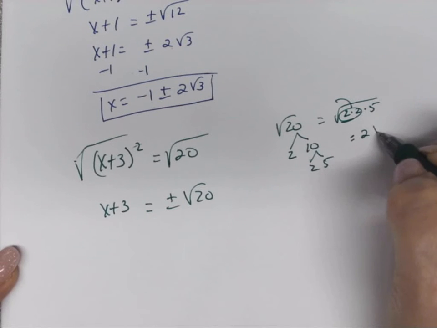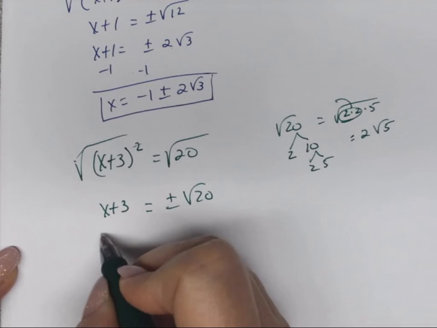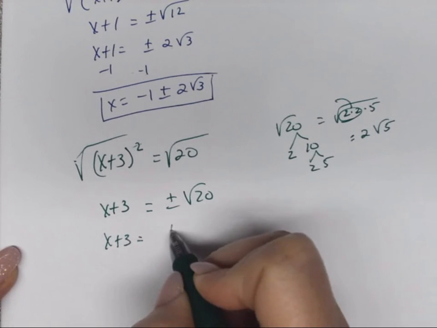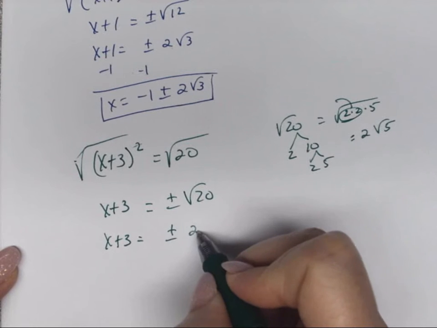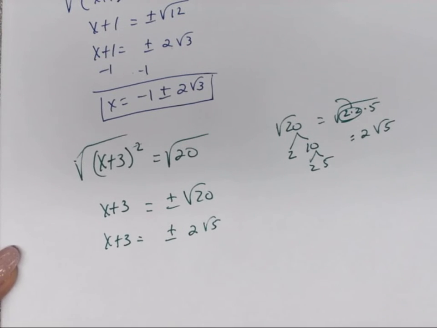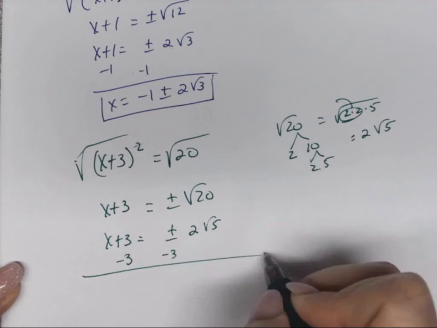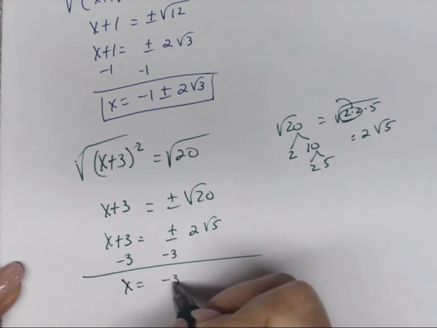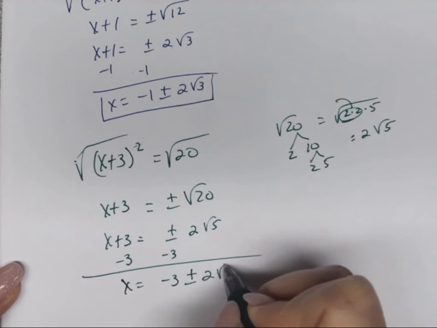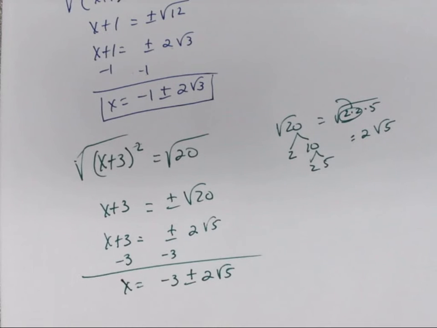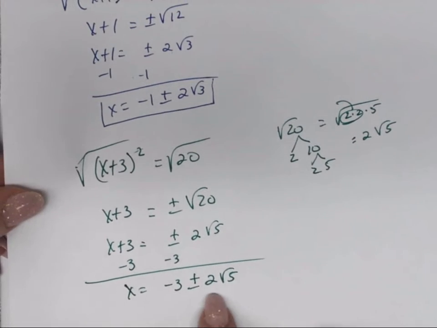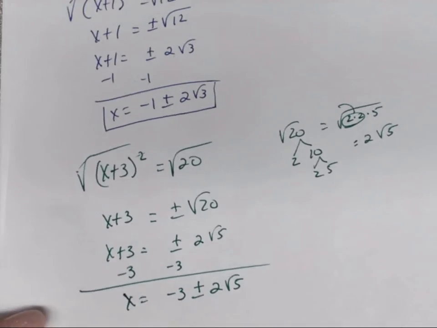So it equals 2 square roots of 5. So this will be plus or minus 2 square roots of 5. Now to get my x by itself, I'm going to move the 3 over, and I get x is equal to negative 3 plus or minus 2 square roots of 5. So these are ending up looking like something we'll see in a little bit when we move into quadratic formulas.